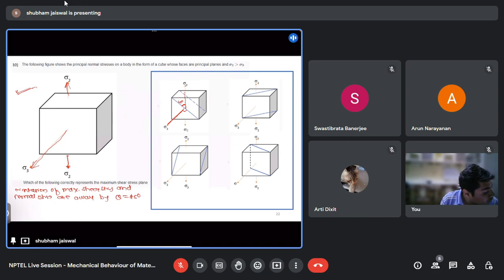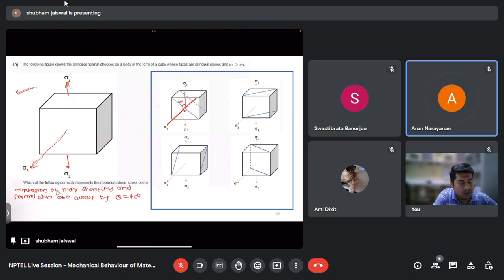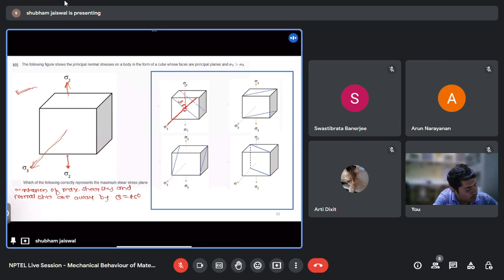Sorry, it is not making 90, it is acting on this plane. Am I correct? Yes, sir. So this can't be our answer, and we eliminate one option. Here it is making 45 degrees with sigma 3, but not with sigma 2.